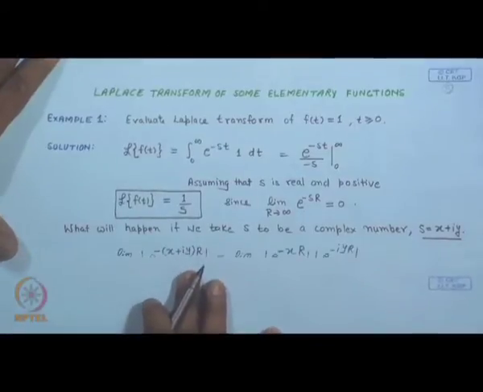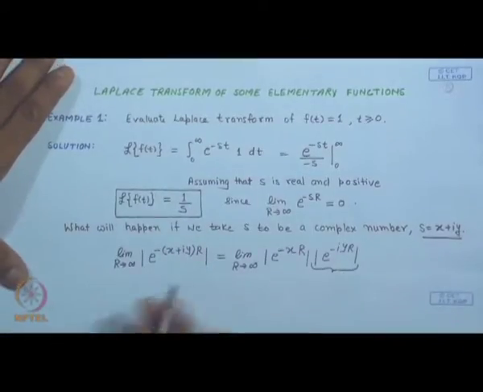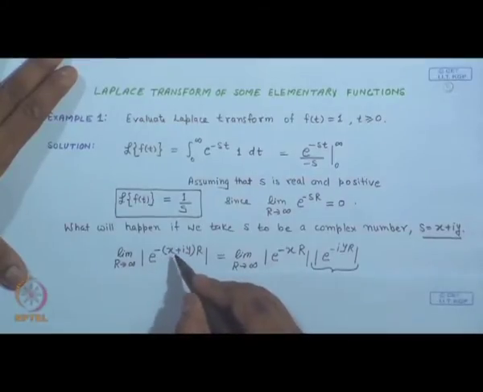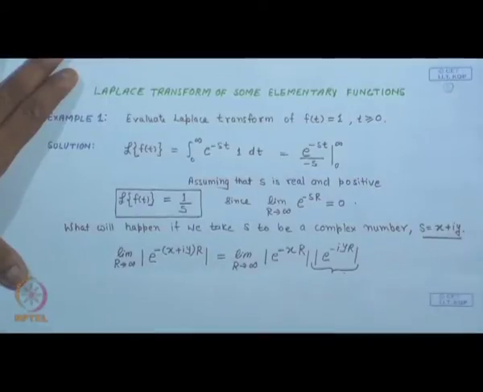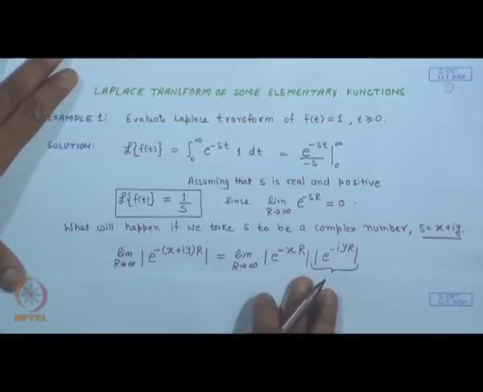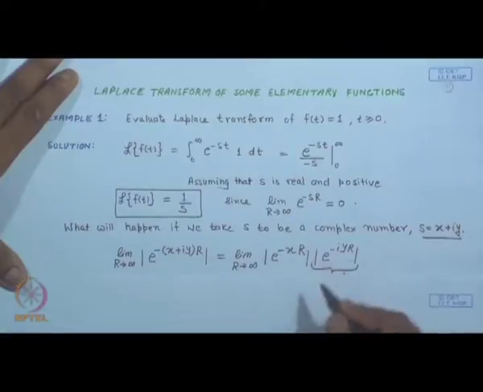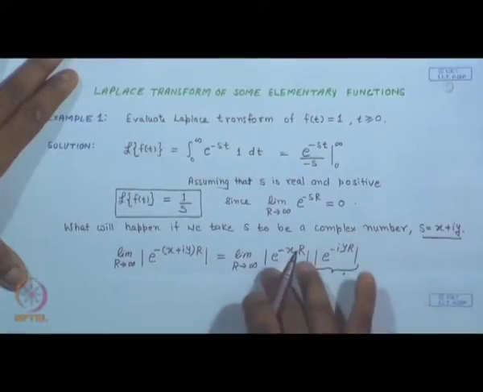We can see that. If we take this limit r to infinity of e^(-sr), and for this s we now write x plus iy in the complex form, what we have is the limit r tending to infinity of e^(-xr), the absolute value, times the absolute value of e^(-iyr).